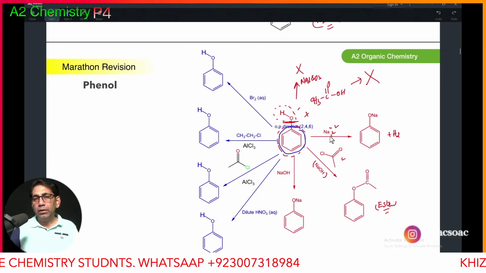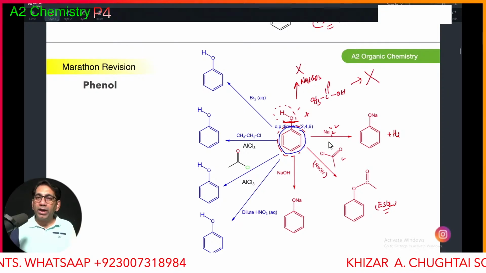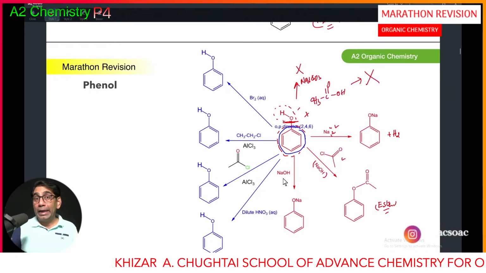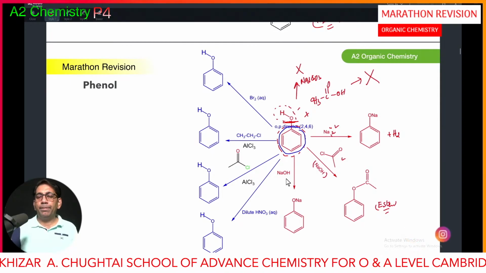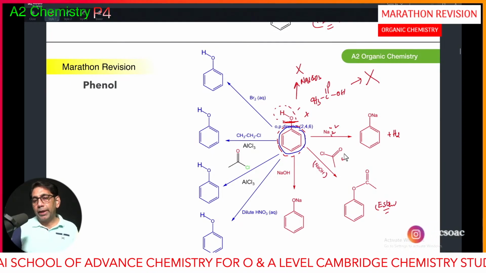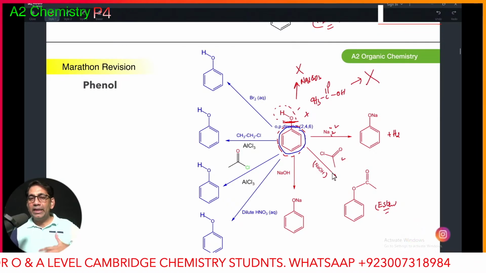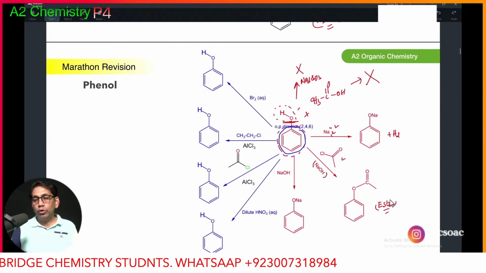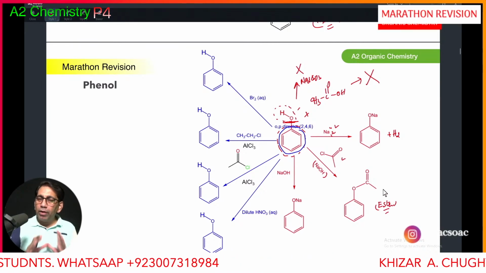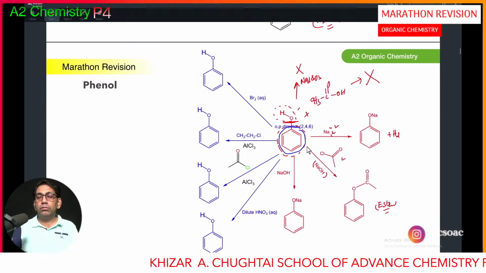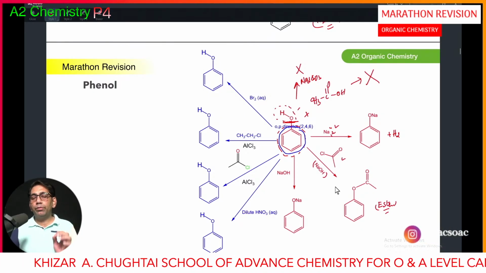It reacts with metals that are more active than the hydrogen atom in the reactivity series, and with a strong alkali like a group 1 hydroxide. It can also react, in the presence of alkali, with ethanoyl or acyl chloride to make ester. So there is only one way to make an ester using phenol, and it is this one.